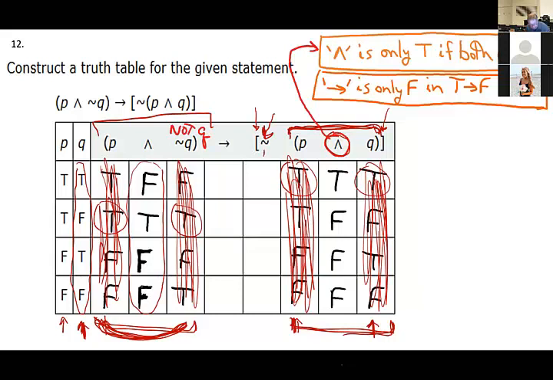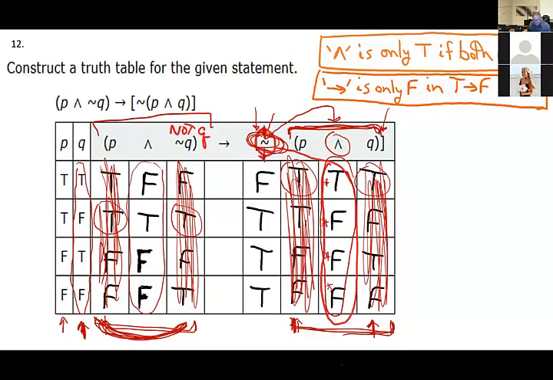So this not column is going to be the negation of what you just did over here on the far right. So now it's saying I have to negate that and column. So I'm going to take that true and make it a false, and take that false and make it a true, and take that false and make it a true, and take that false and make it a true. So when I negate it, it goes over there.